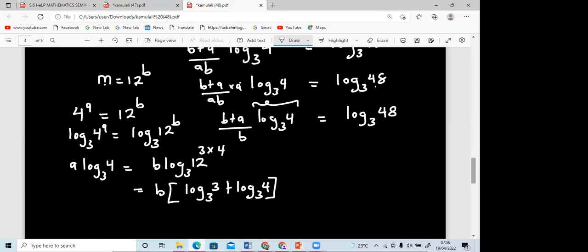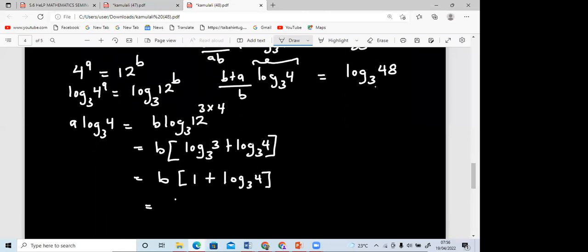That one is that expression. It comes from there. So what will I have? I'll have here now my b. This one is the 1 in 1 plus log base 3 of 4. So this side I'll have b plus b log base 3 of 4, and this side I'll have my a log base 3 of 4.